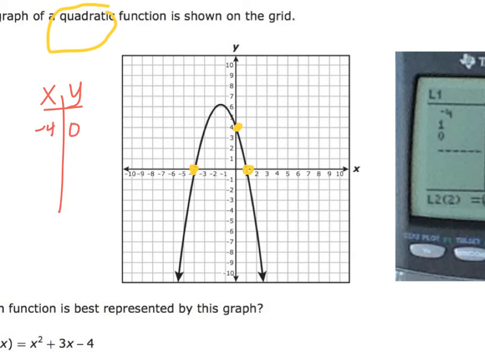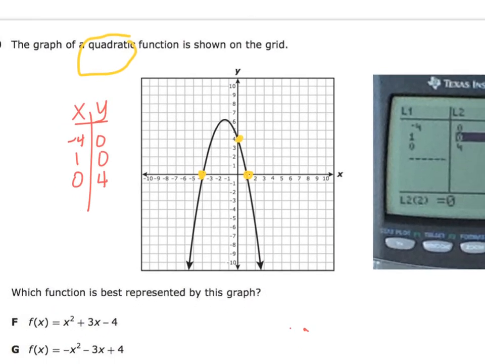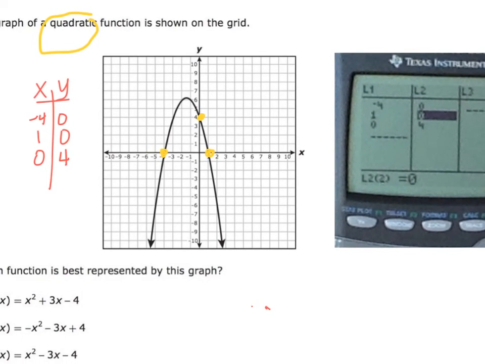I've got 1, 0. Those are my 2 zeros right here. And then my y-intercept, I've got 0, 4. So now that I have them written in table form, I find if I write it in table form, it makes it easier to see that I've done it correctly when I put it in the calculator.